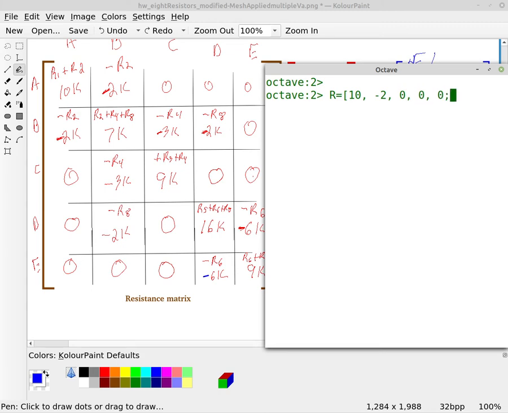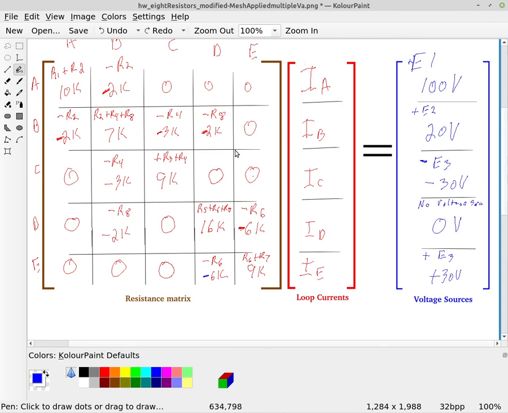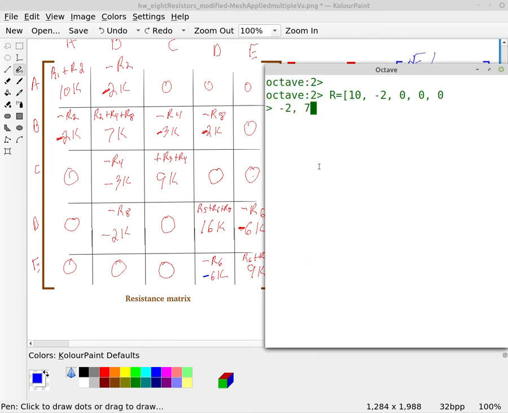Now you could put a semicolon in here, or you could actually just hit enter and put it on the next line. So I'm going to do that. Minus 2, 7. Now notice I'm not putting the k's in here. Remember that all my resistors are kilo-ohms, so if I leave out the k's, I just have to remember that my loop currents then will be milliamperes. Okay, so I'm leaving those off, and I just have to remember that my currents are going to be milliamperes.